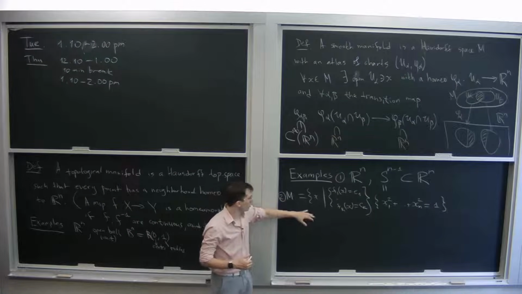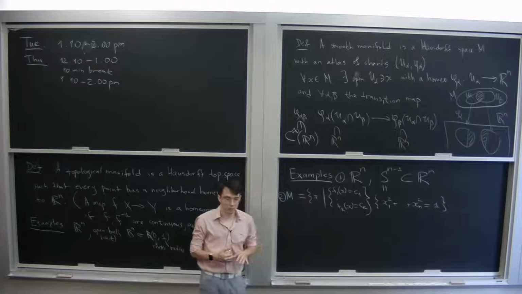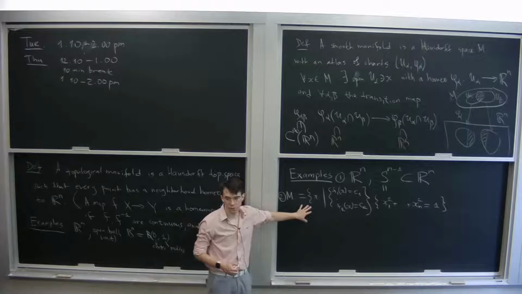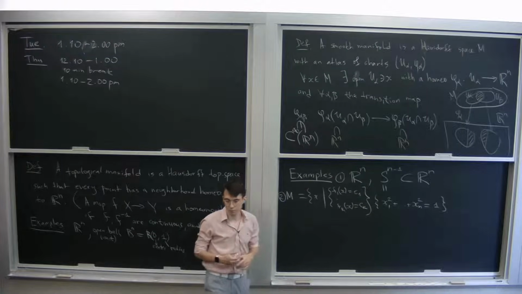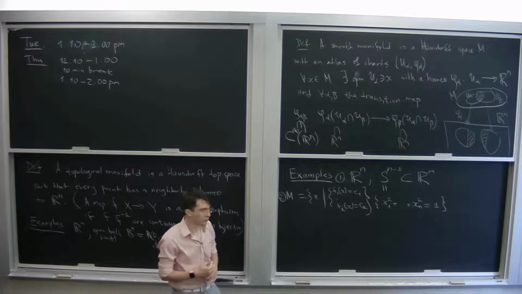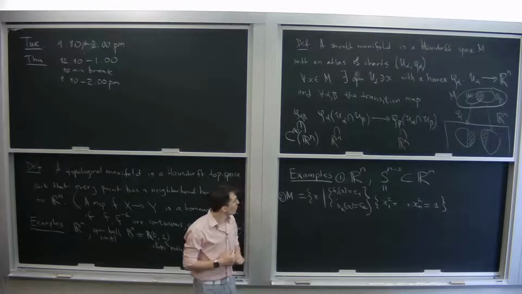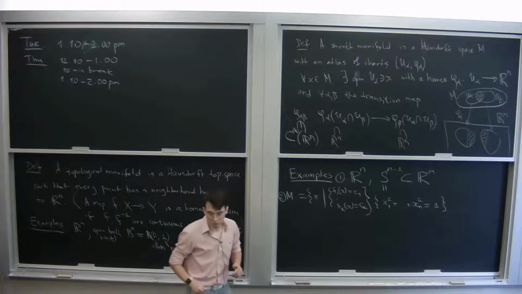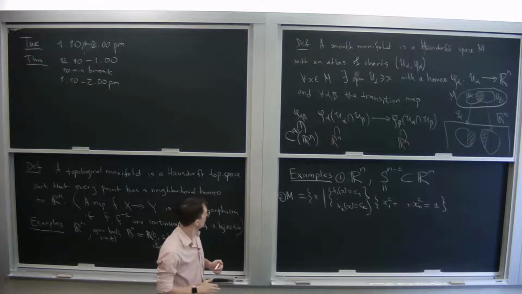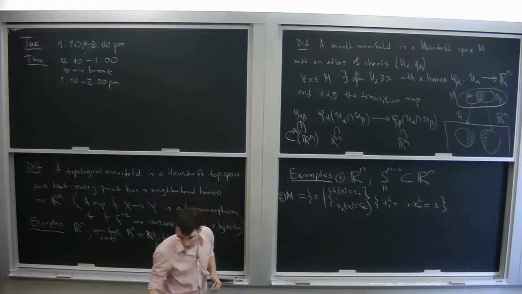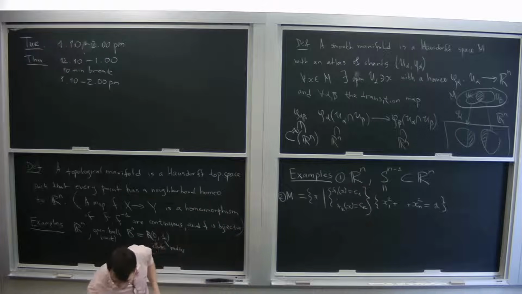We will get back to this discussion a bit later when I talk about Lie groups, since there it is useful to determine the dimension of a Lie group. Okay, so these are our examples.